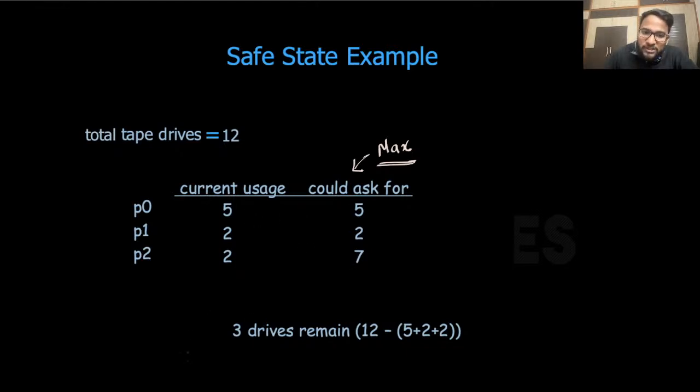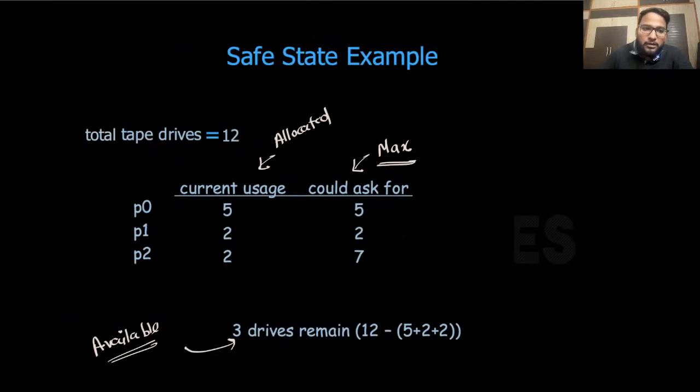So this much is allocated and 3 are remaining.